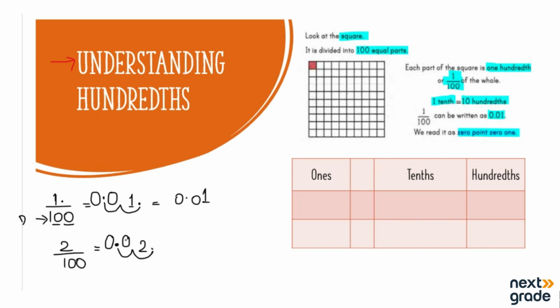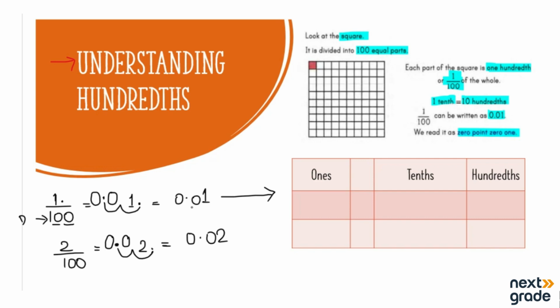But we cannot write any other number except 0. So if we change this decimal, तो क्या होगा कि इसको हम decimal में लिखेंगे तो ये होता है 0.02.